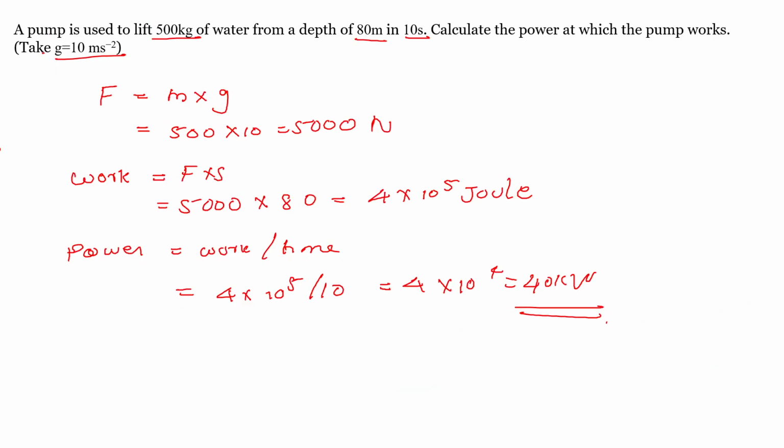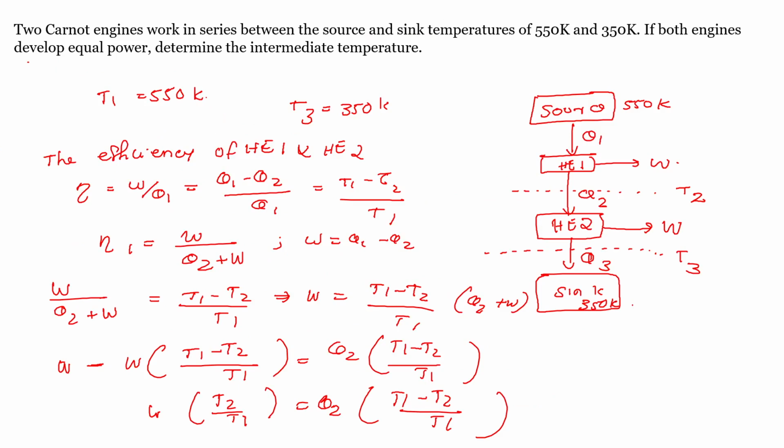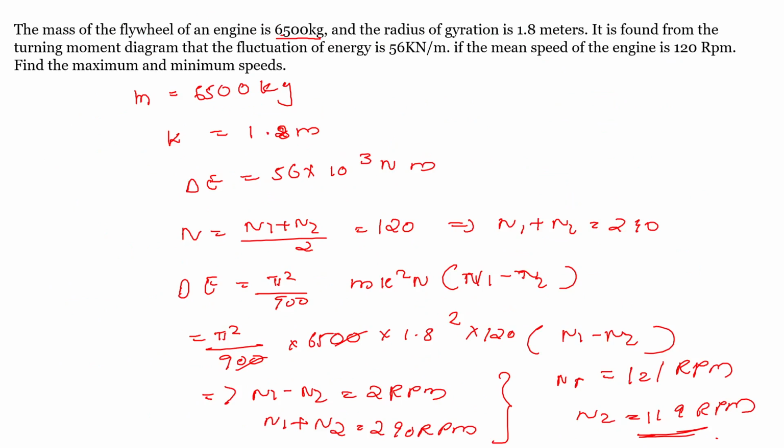The next one, calculating power also. You just have to remember the normal formulas for these, and after that we solved a Carnot engine problem. It is very important how to solve the problems if two heat engines are connected in series. And after that we solved the problem related to the flywheel. You have to remember the formula in this and go with that.